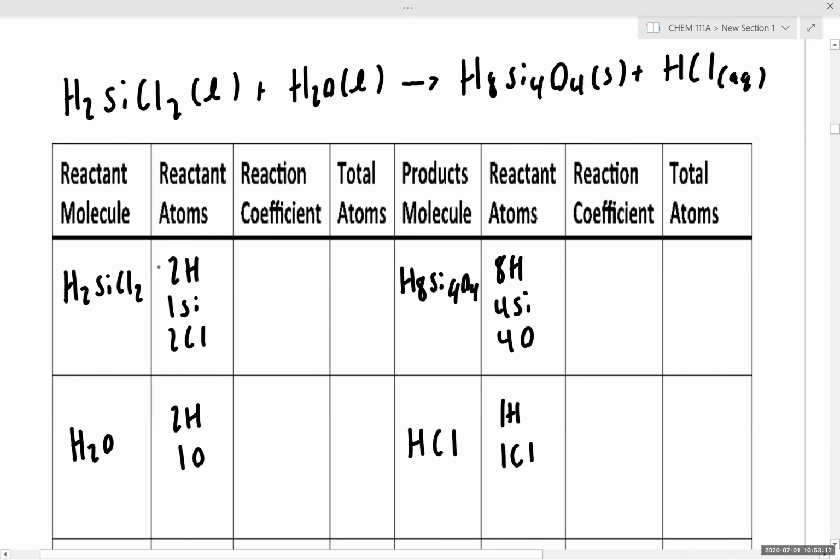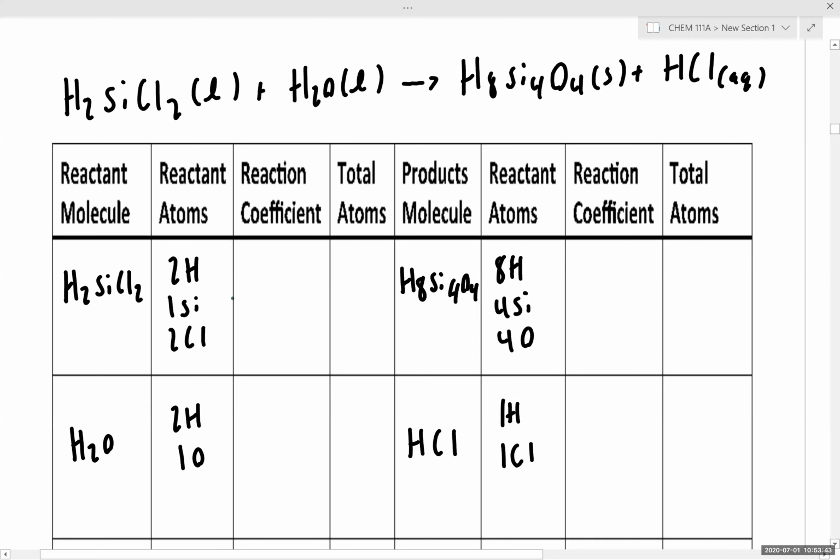I guess the short answer would be everything. So we really can just pick any atom of any element to start with. So what element do you want to start with? Keeping in mind, we prefer to balance elements that are found in the least number of compounds first.